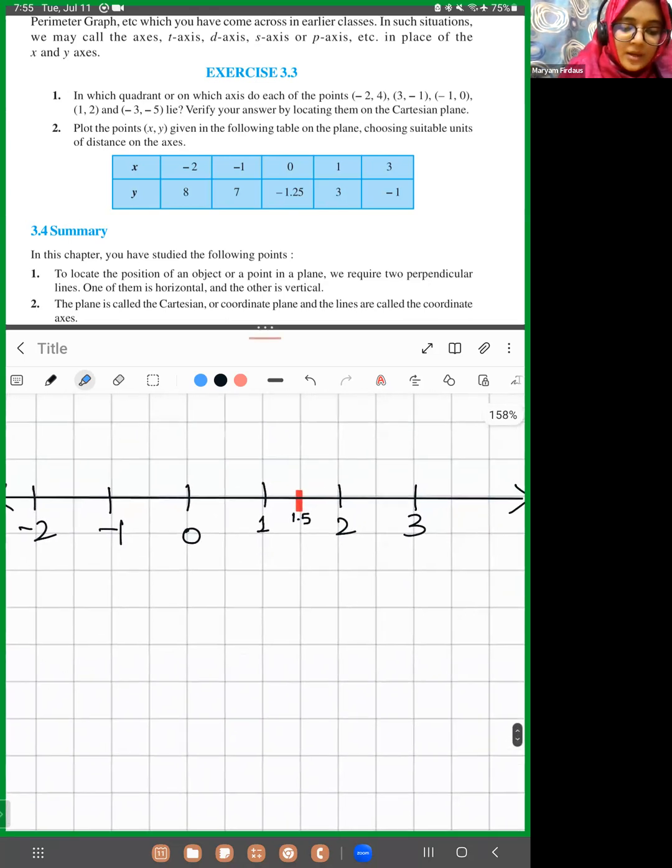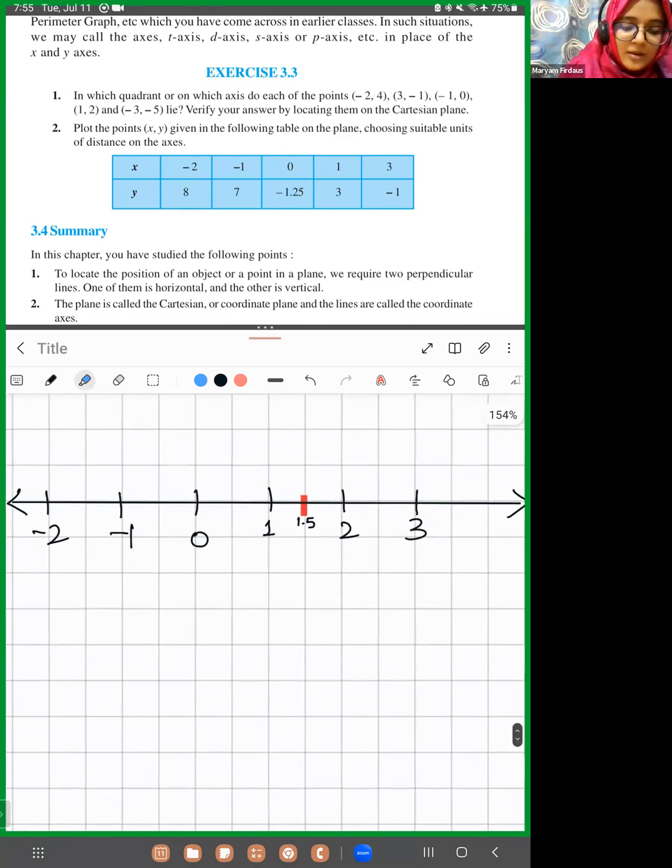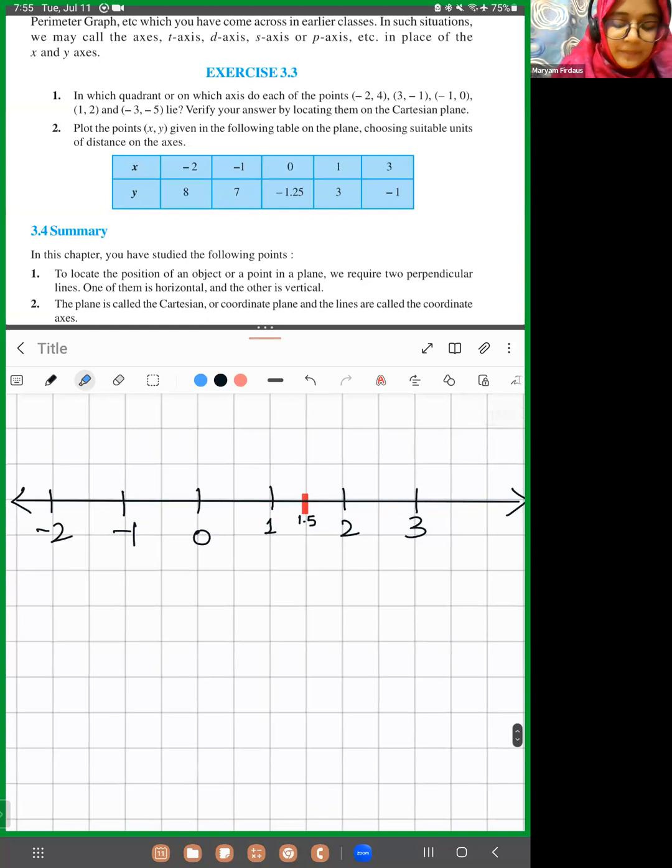Okay, Alina, can you tell me where will 1.25 be? Behind the 1.5. Yeah, it will be between 1 and 1.5. Okay, 1.25. Why is it like that, Abdul Rahman?